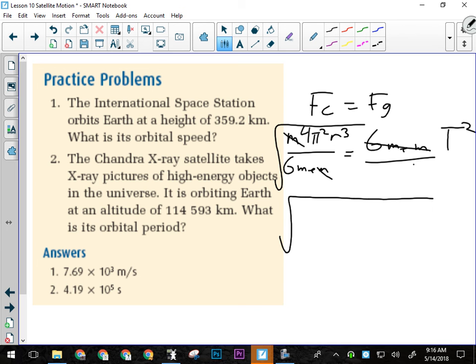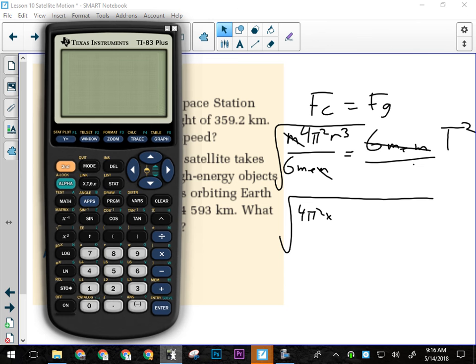So we're going to end up with the square root of 4 pi squared times 114,593 plus the radius of the Earth, because this is still an altitude and not an orbital radius.